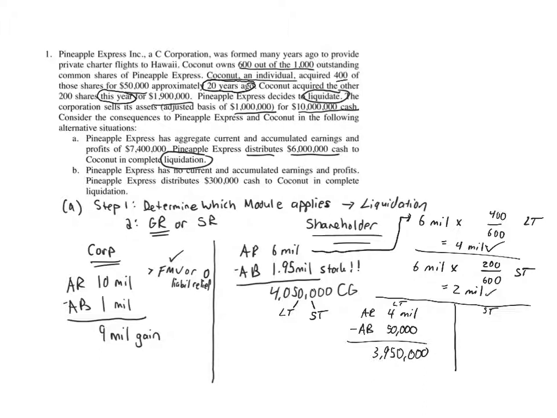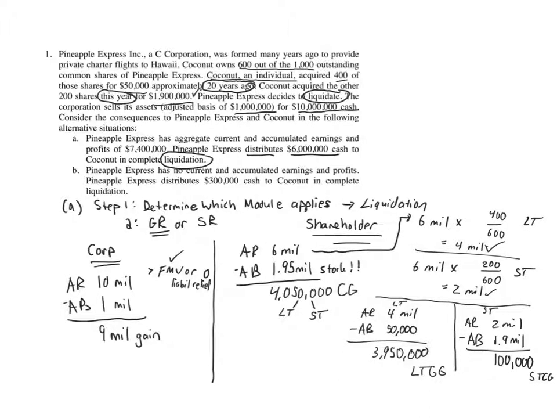Short term is going to be the 2 million amount realized minus the adjusted basis of the shares, which is 1.9 million. $100,000. So this is a $3,950,000 long-term capital gain, $100,000 short-term capital gain.